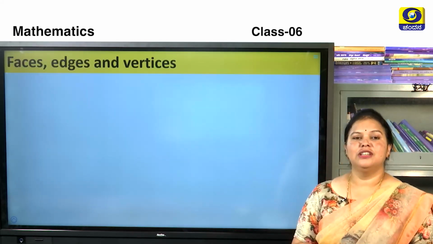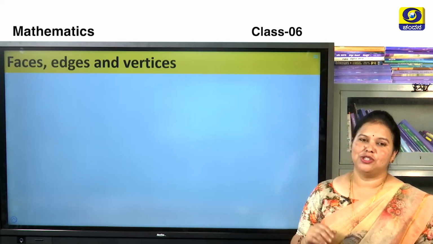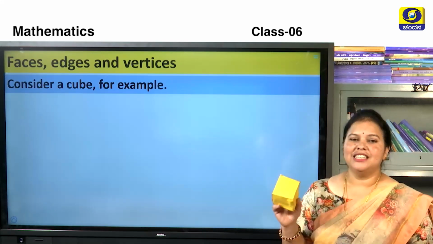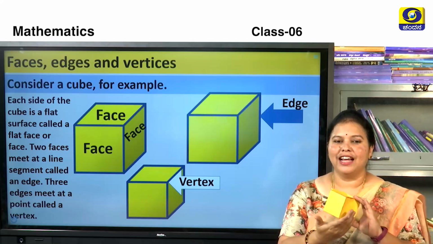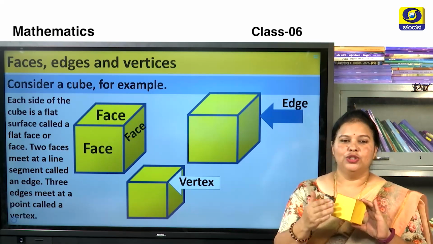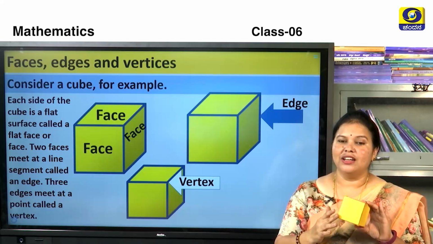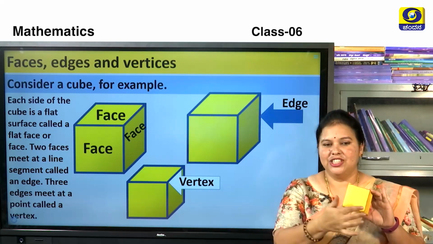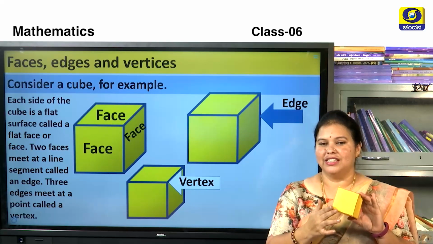We can count the number of faces, edges and vertices of three-dimensional figures. Let's see how. For example, let us consider a cube. Each side of the cube is a flat surface called a flat face or face. Two faces meet at a line segment called an edge. You can see here. Three edges meet at a point called a vertex.